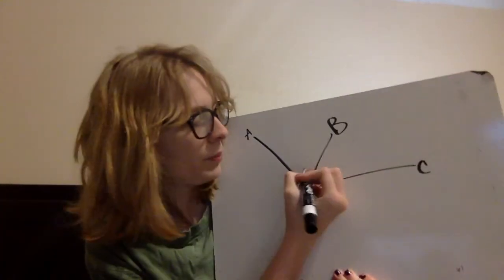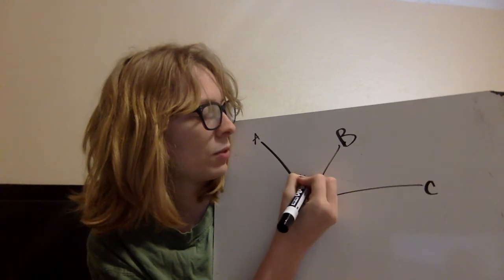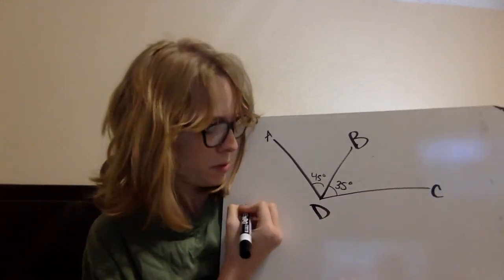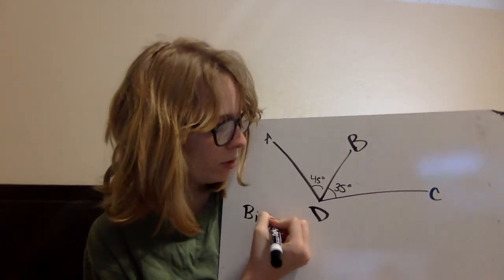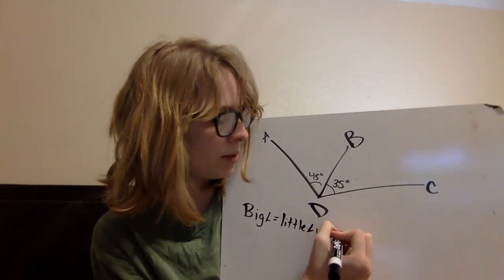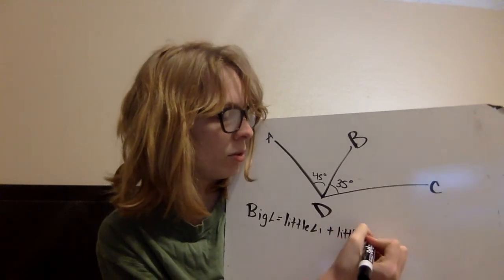All right, last but not least, what if we're trying to find the big angle? Well, we're going to use the same formula. So let's say we have this angle right here. We know that this is 45 degrees, and we know that this is 35 degrees. So, big angle equals little angle 1 plus little angle 2.